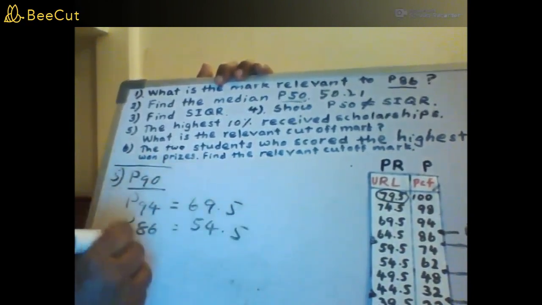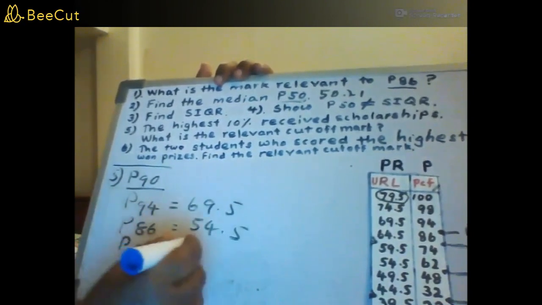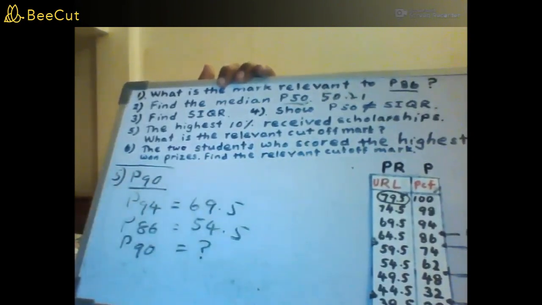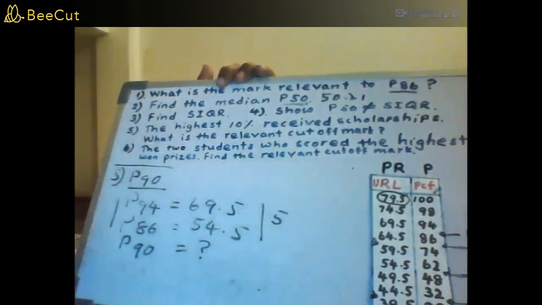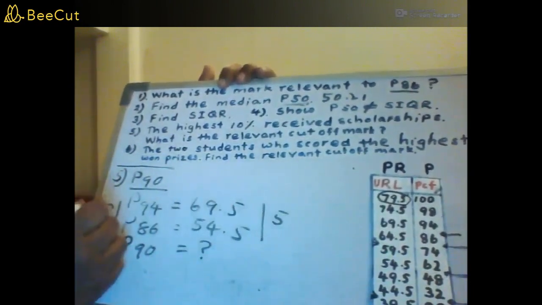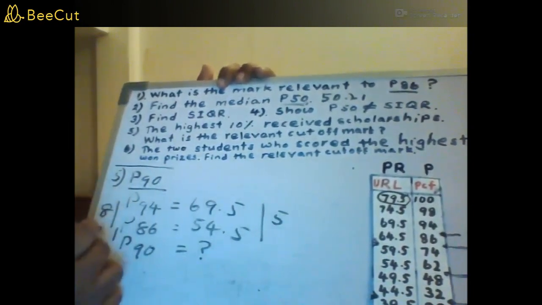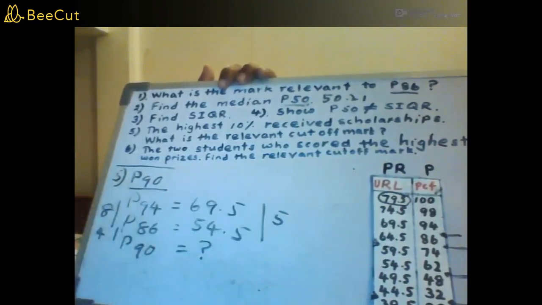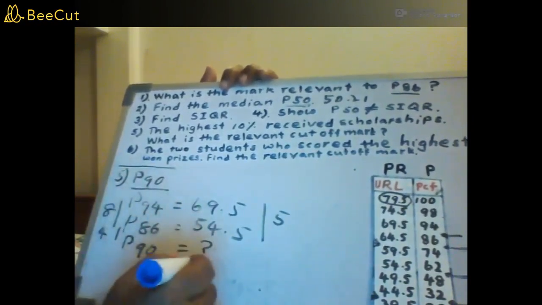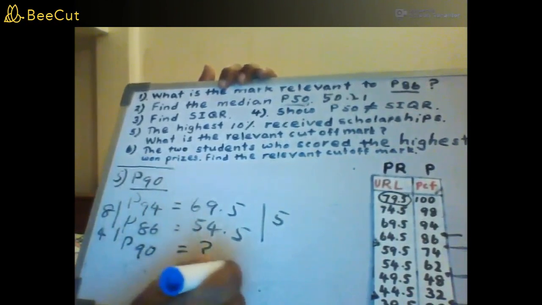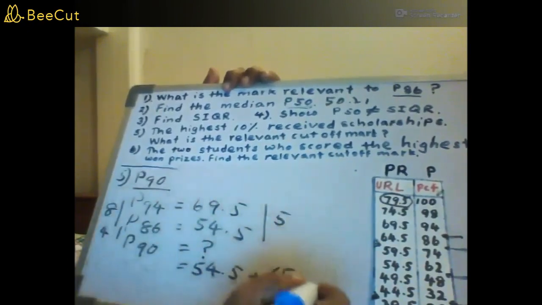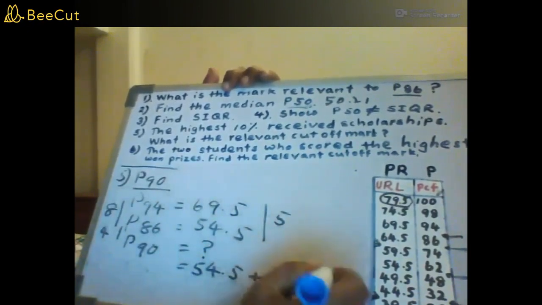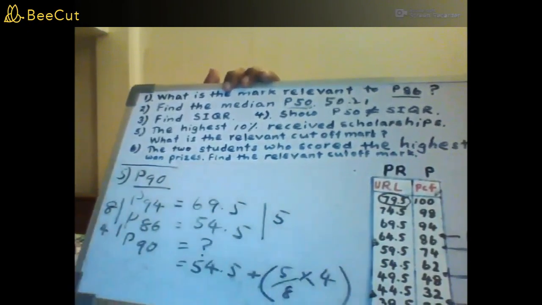We have to find P90. That we don't know. So once again get the differences. Here 5, here it is 8, here it's 4. Right, now you do this: 54.5 plus 5 divided by 8 multiplied by 4.